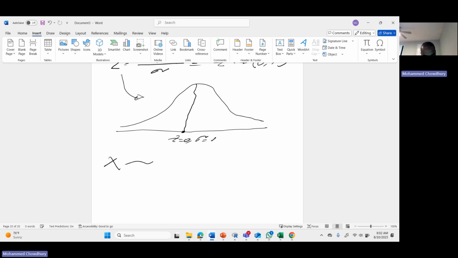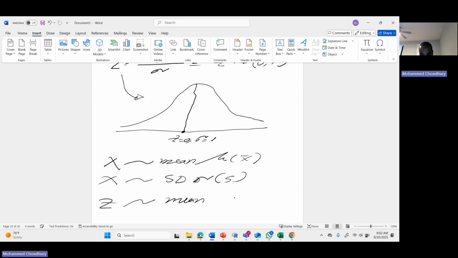X has a mean of mu or X bar, and X has a standard deviation sigma or S, because sigma is for the population and S for the sample. We computed it from the sample, so that is why S. Now Z has a mean of 0 and a standard deviation of 1.